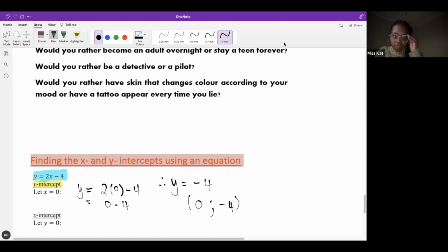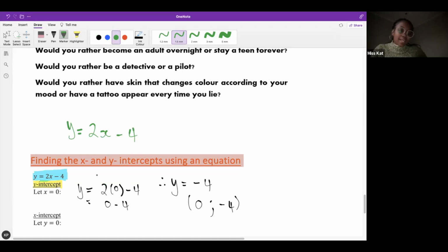So when you have a graph, you can see the coordinates, you can see the intercepts, right? But we said to find the y-intercept, your x has to be a 0. So now I've given you an equation. I said to you, your equation here is y is equal to 2x minus 4, right?